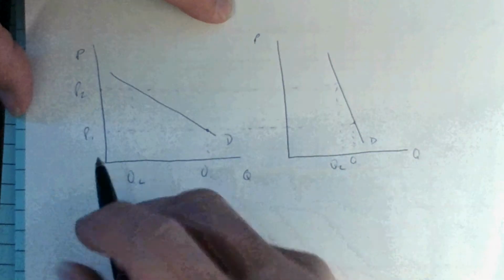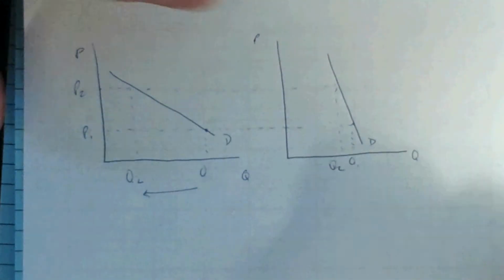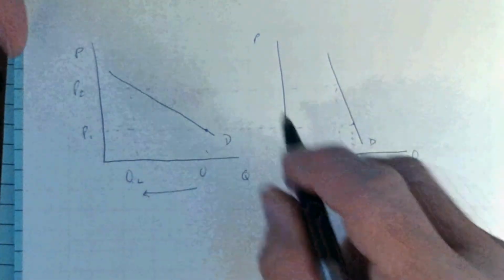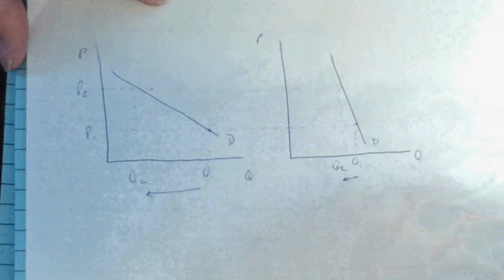You can see that for this consumer, this change in price has resulted in a significant decrease in quantity demanded because the price went up. But for this consumer, there was a very small change in quantity demanded in response to the very same change in price.